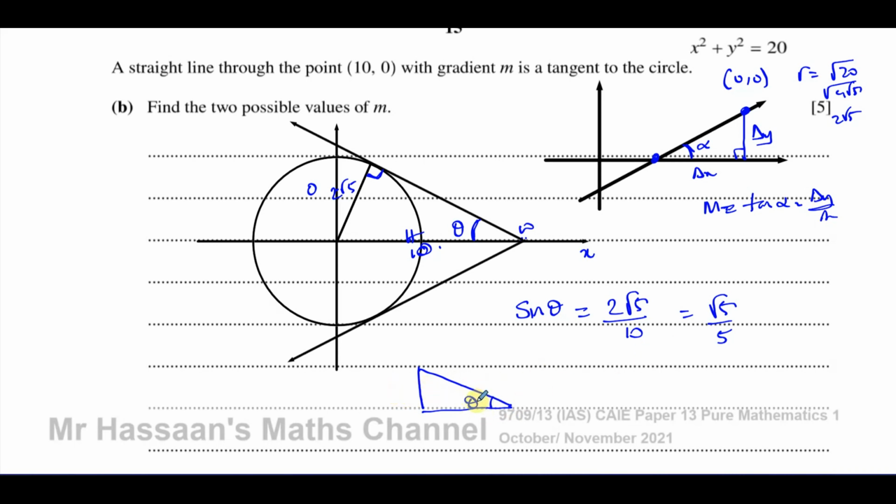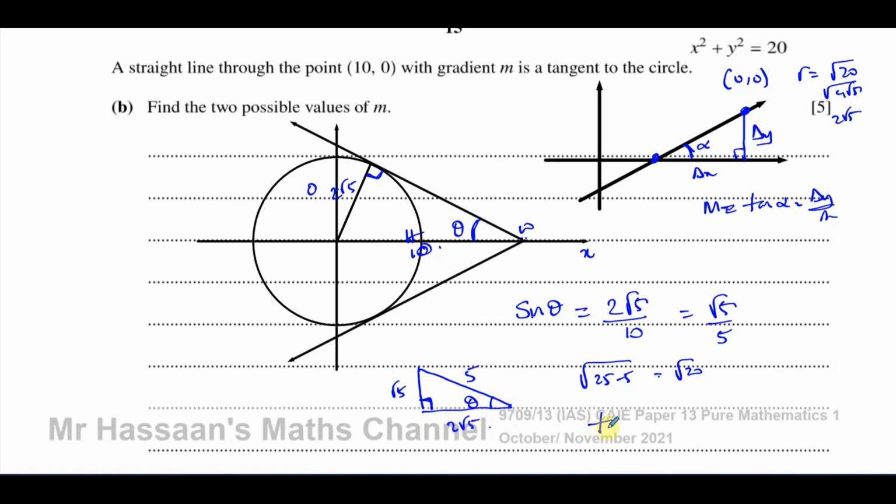I know that the sine of this angle is root 5 over 5, so I can make a right angle triangle where the opposite is root 5 and the hypotenuse is 5. So I can work out this side of the triangle. It's going to be the square root of 25 minus 5, which is the square root of 20. So this side of this particular triangle is going to be 2 root 5.